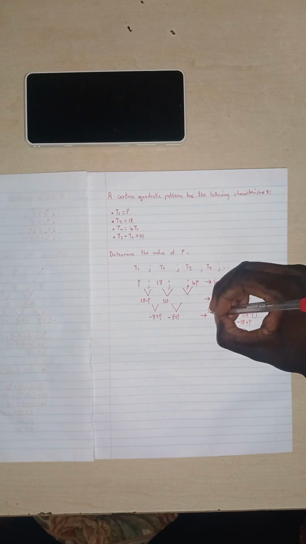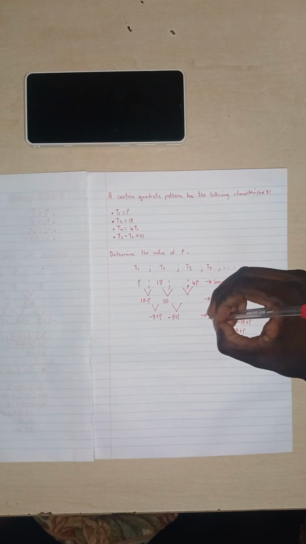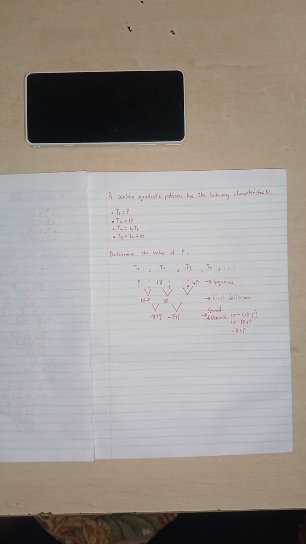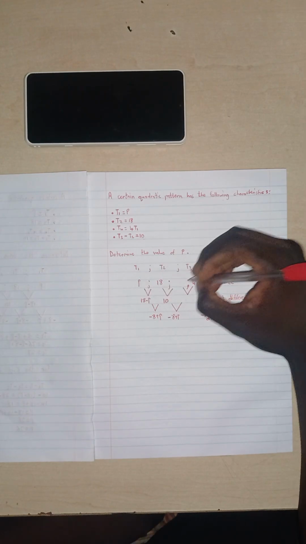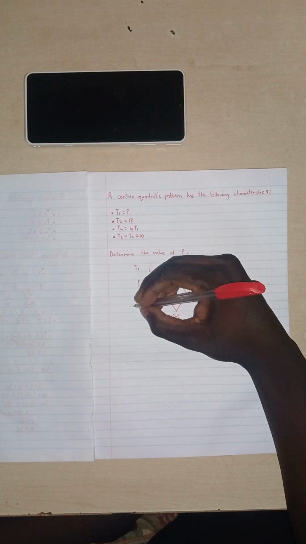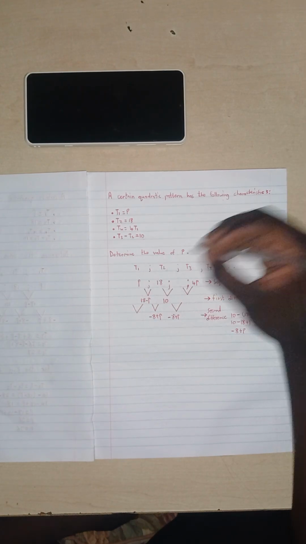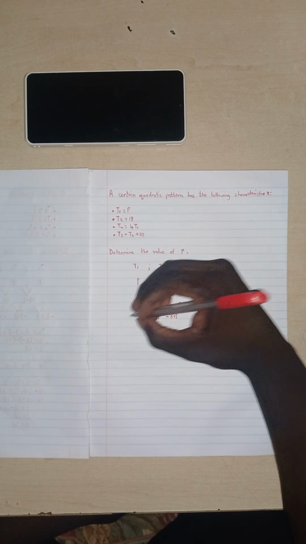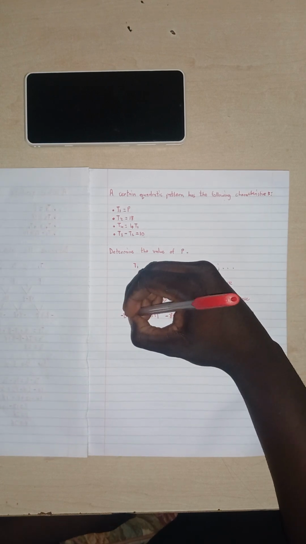This is the second difference. As we know, the second difference is constant. So even if we go that side, it remains constant.